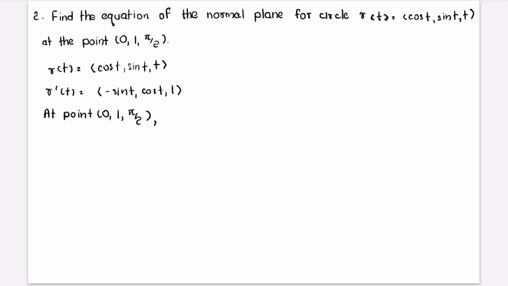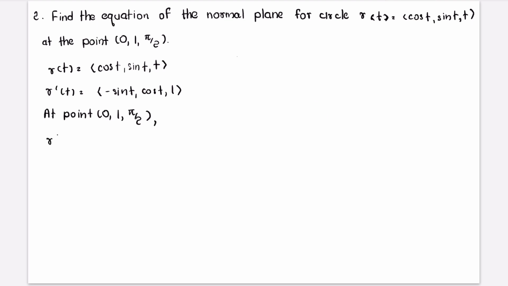So look at this. cos t, sin t, t and 0, 1, pi minus 2. So t is pi minus 2. cos t is 0, sin t is 1, right? So the t value is pi minus 2. We can know that from that.